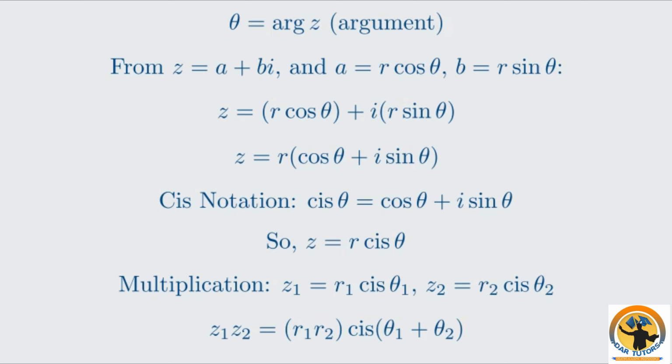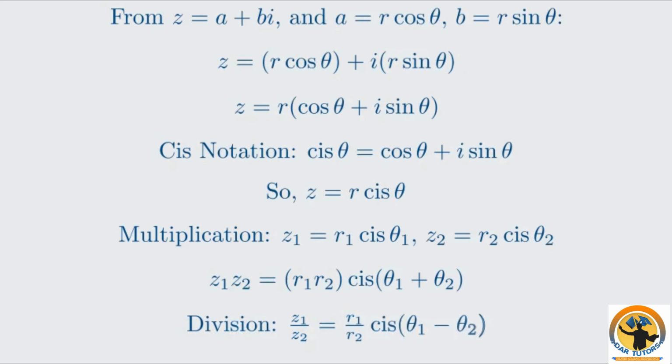Division is similar. The quotient z1 over z2 is r1 over r2, cis of theta 1 minus theta 2. For division, you divide the moduli and subtract the arguments. This remarkable property is a cornerstone of complex number theory, allowing us to think of complex multiplication as a combination of a scaling and a rotation.